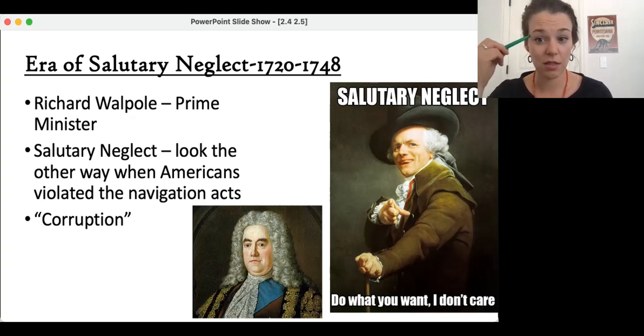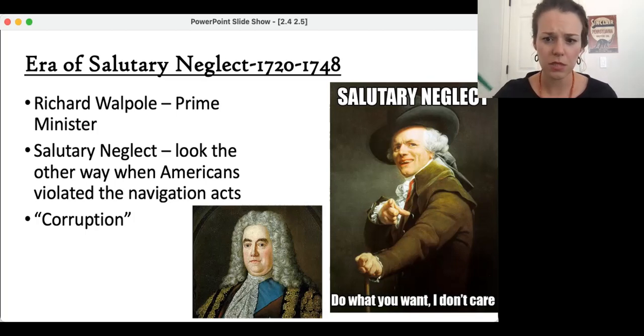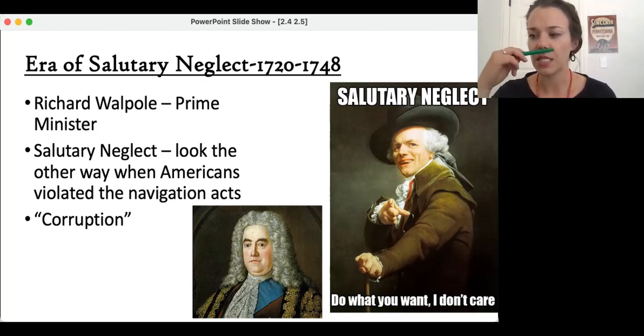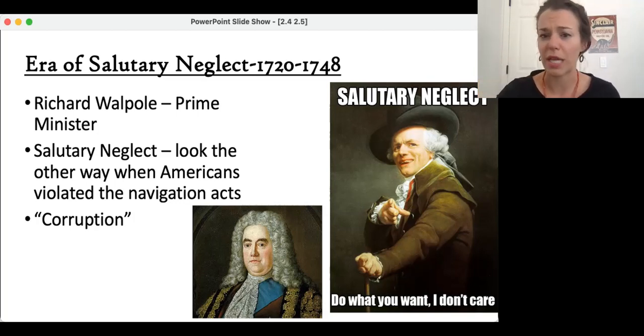But while this might help everyone economically, since everyone just ignores the laws, over time it leads to less respect for Parliament, right? Americans over time start to realize, what good are we getting from Parliament? We can just ignore their rules and there's no consequences.